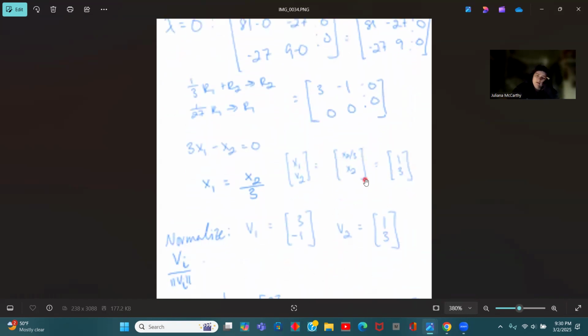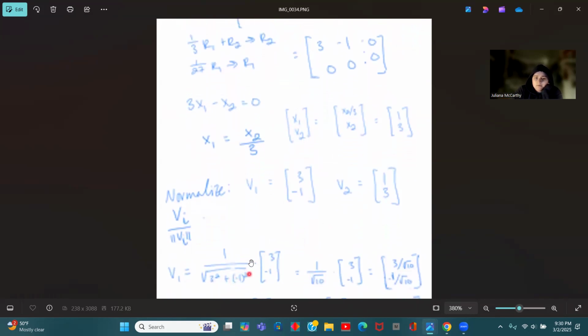Again, normalizing just means that it has a length of 1. And so to normalize it, you divide each vector by its length. It's the same thing as multiplying it by 1 over the length. So we'd multiply each piece by 1 divided by the length.